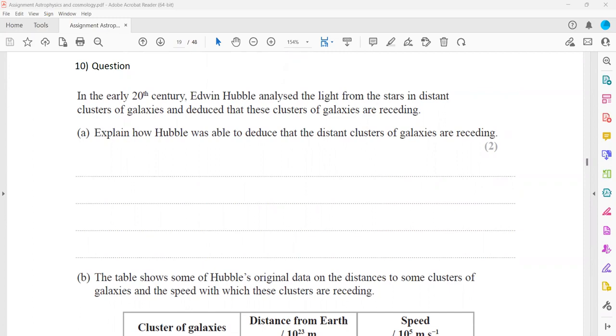Redshift means the wavelength we observe is increasing. If the wavelength is increasing, they are moving away from us. If it was a blue shift, it would mean it is moving closer to us.